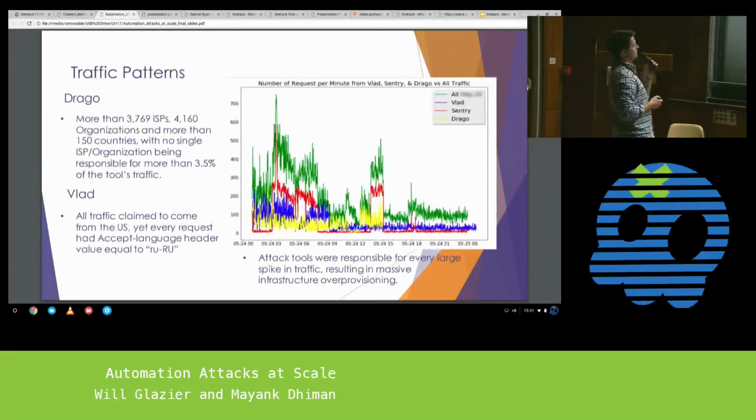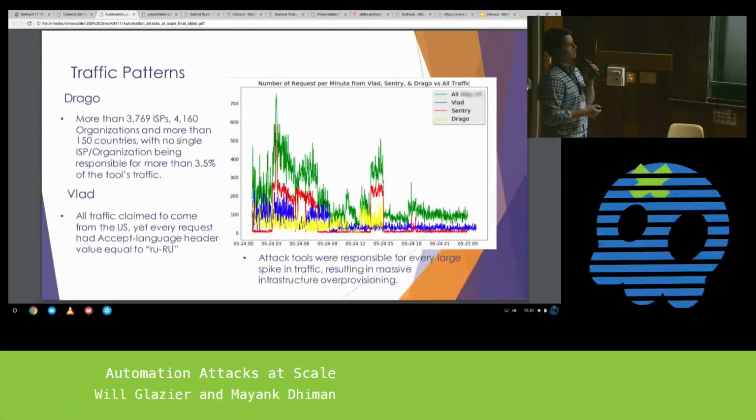So the traffic patterns from these tools, you can see how many different ISPs and orgs and countries they come from. No single ISP or org was responsible for more than 3.5% of the traffic. So even if you were to try and create some kind of infrastructure-based blacklist for these tools, you would have to maintain it like crazy, and there'd be no one org that could get you a ton of value.